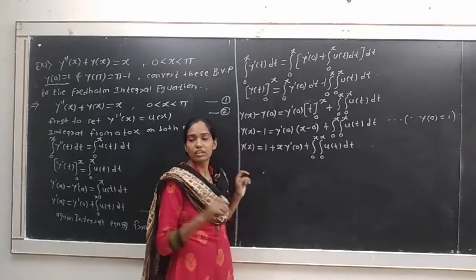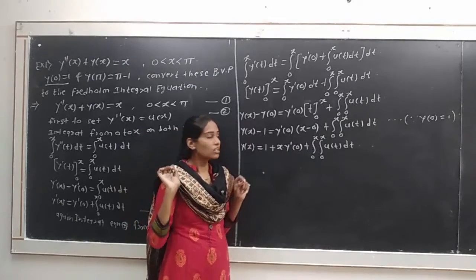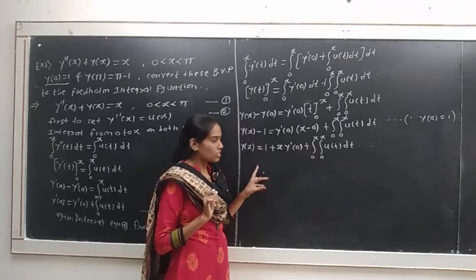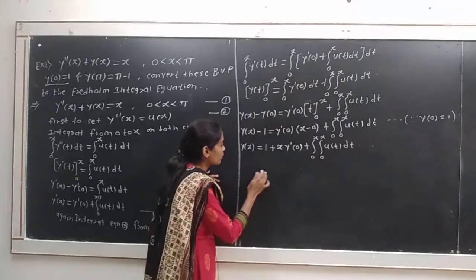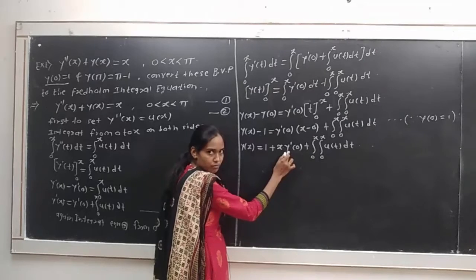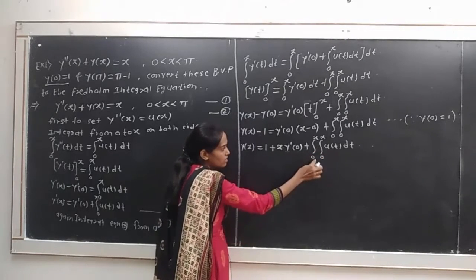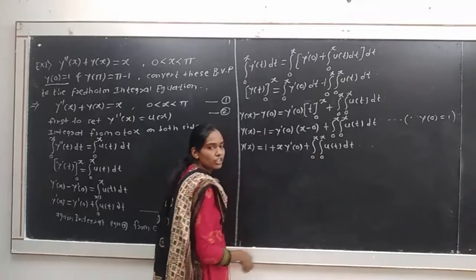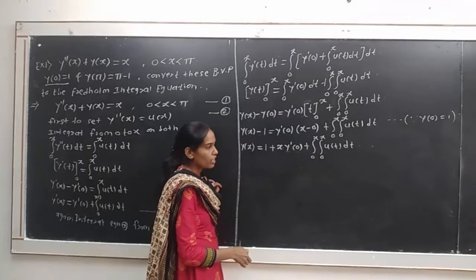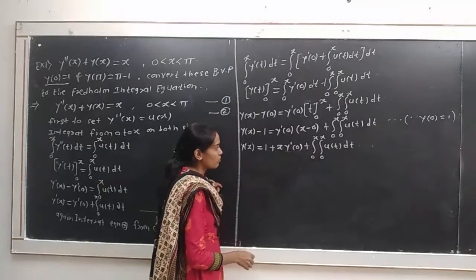We have to convert the given boundary value problem to the Fredholm integral equation. For that we have to find the value of this y dash of 0. Before that, again we convert this double integral to a single integral by using the conversion formula. We know what the conversion formula is.